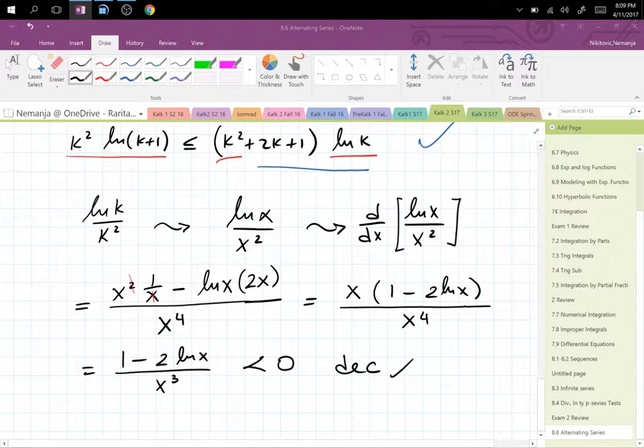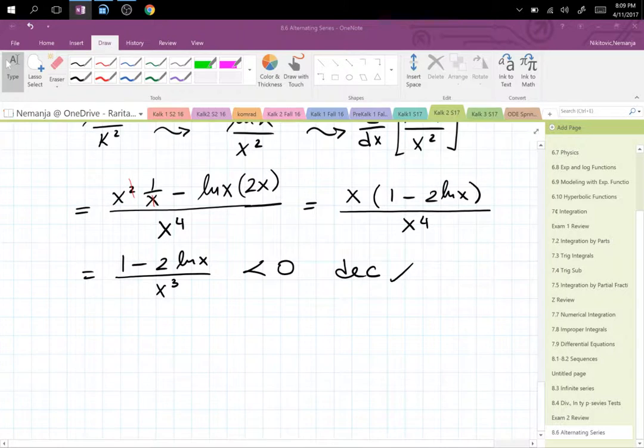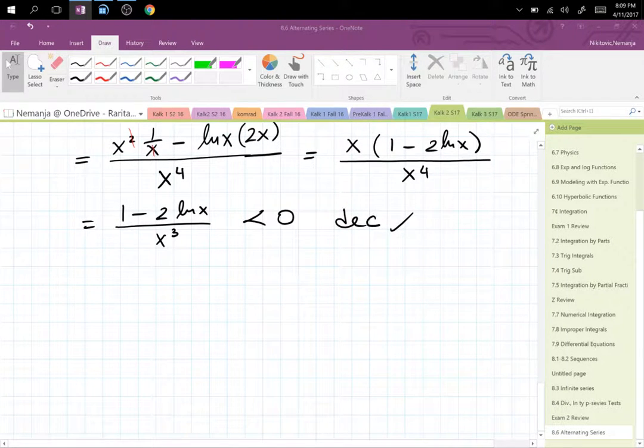So you can use the derivative as well. And that's it. Wait, ln 2 is not... what's ln of 2? So there you go, it's decreasing, right?